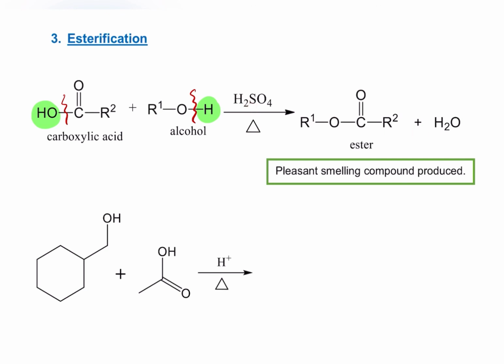And don't forget, you will have H2O as your side product coming from this combination of OH and H group. So you will have that one as your side product. So when you need to write the observation for this esterification reaction, please remember you can write it down as pleasant smelling compound produced, because usually an ester will form a pleasant smell.